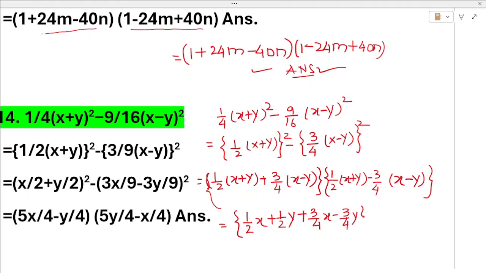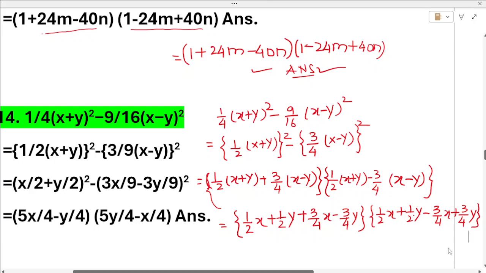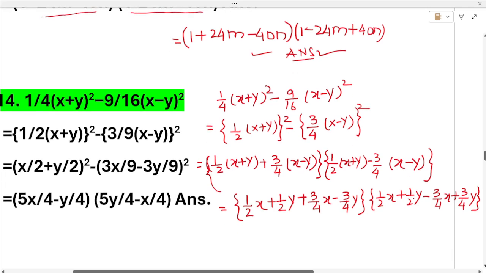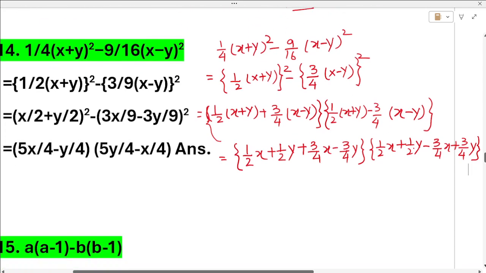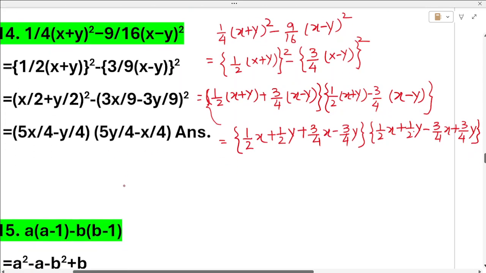Close this bracket, start another bracket, 1 by 2 x plus 1 by 2 y minus 3 upon 4 x plus 3 upon 4 y. Minus minus becomes plus, which means when we multiply minus with a minus, it becomes plus, positive.